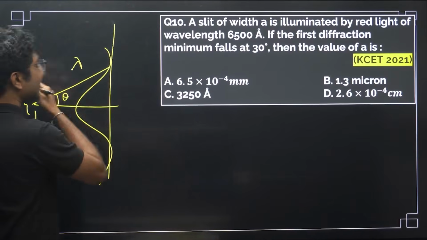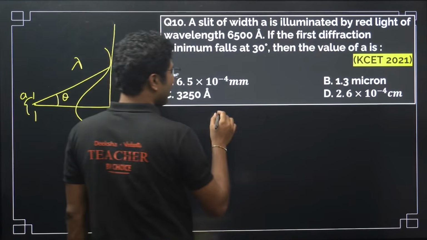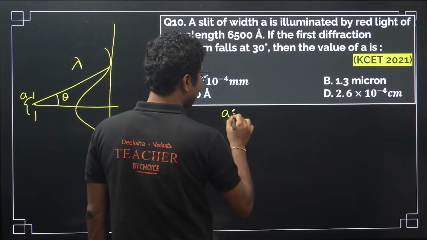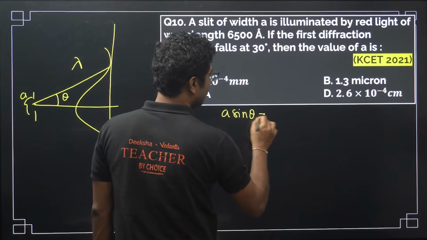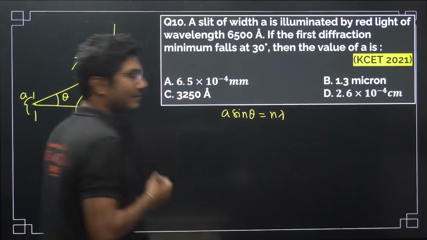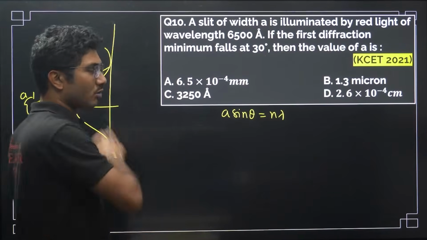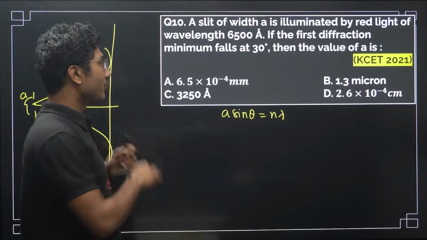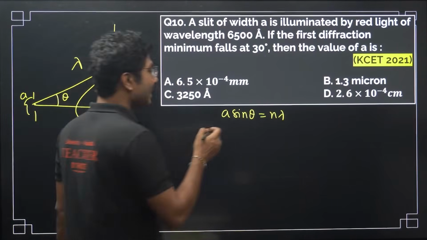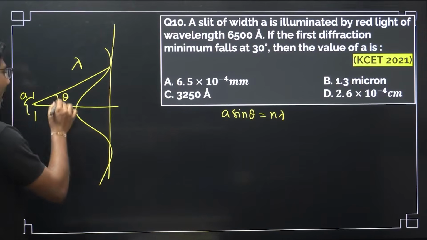Now there is a relationship. You have to remember that a sin theta equals n lambda. Theta is this half angle.